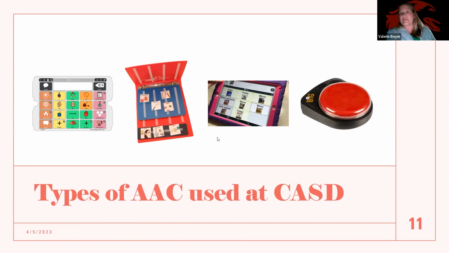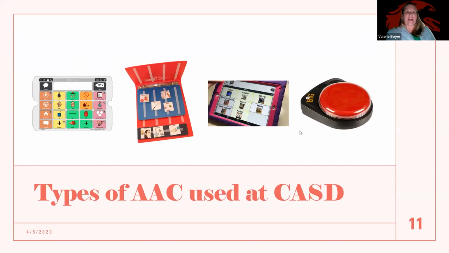The client hits the button and then that message is spoken out. We also have high-tech AAC systems. We have several iPads that have applications on them that we would consider speech generating applications, meaning that if the client selects the particular button, they will hear speech generated from that device.